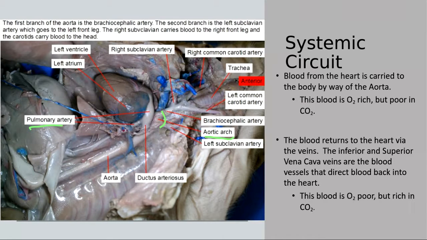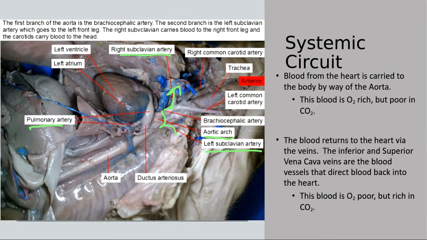The aortic arch will split, and either it'll split into the right subclavian artery or the left subclavian artery. What is a subclavian? Subclavian arteries are the arteries that are found underneath the clavicle, subclavian. Their primary purpose is to bring oxygen-rich blood from the heart to the shoulders and the arms, so the front limbs of this pig.